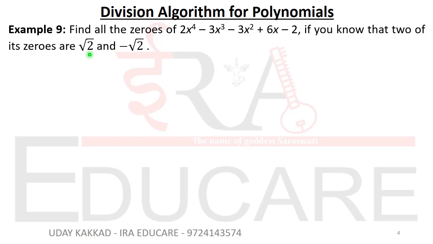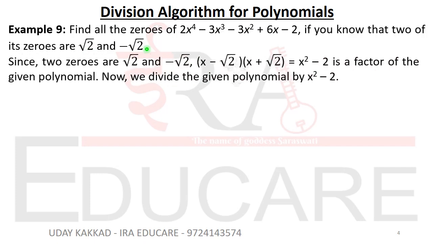So what do we do now? We find the polynomial using these 2 zeros. Since 2 zeros are root 2 and minus root 2, you can say that x minus root 2 and x plus root 2 are factors. By multiplying both, you get x square minus 2, which is a factor of the given polynomial, because these are the zeros of that polynomial.